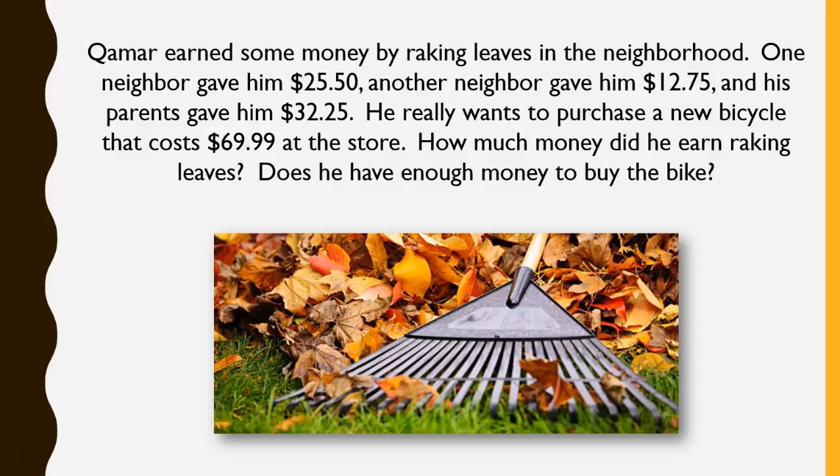He really wants to purchase a new bicycle that costs $69.99 at the store. How much money did he earn raking leaves? Does he have enough money to buy the bike? You're going to answer these two questions for me. All right, you can do it. Take your time. Get your piece of paper, turn it on its side if you need to, line up your decimals, and take your time and do this.